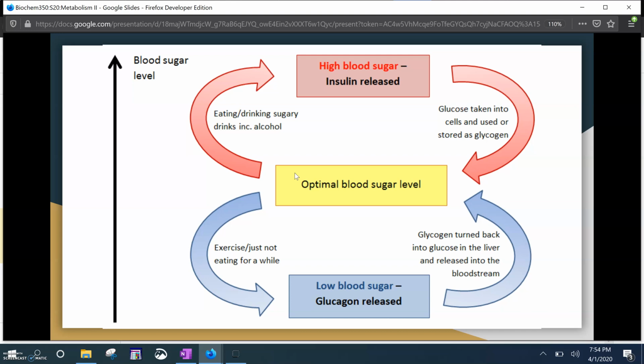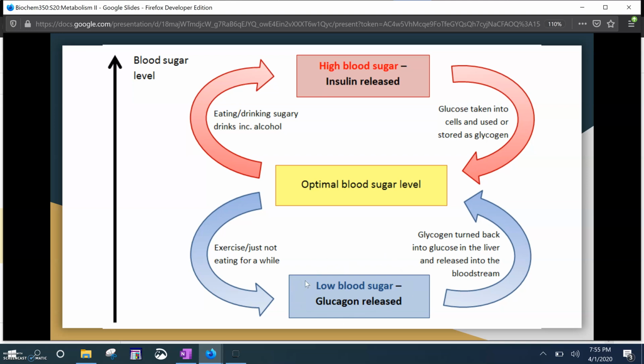When you have an optimal blood sugar level, that's what your body is seeking to maintain, these tight levels. If glucose is taken into cells and stored as glycogen, everything is optimal. When you eat and drink sugary things, your blood sugar goes up, insulin is released, and that causes glucose to be taken into the cells and then stored. If you're hungry, or when you first wake up in the morning, your blood sugar is low.